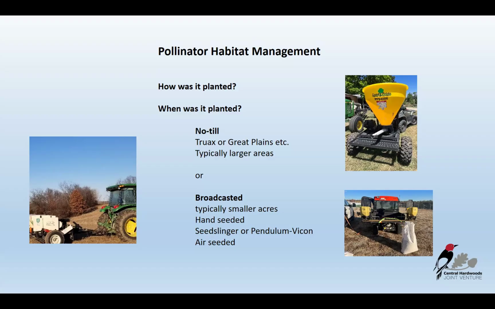So the better seed to soil contact, the better chance of germination with the right amount of post-planting care. What was the moisture like during or after planting? I know Rachel mentioned a drought. That's a huge factor. Mother Nature plays within our establishment periods. So understanding these planting conditions should really help discuss response times for germination. And I don't have to go into these. Rachel did a great job explaining different ways that these pollinators can be planted.